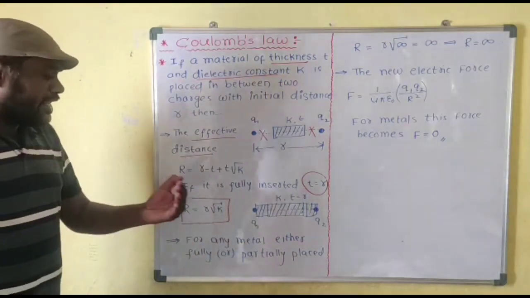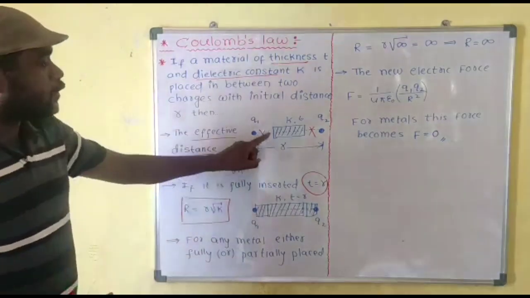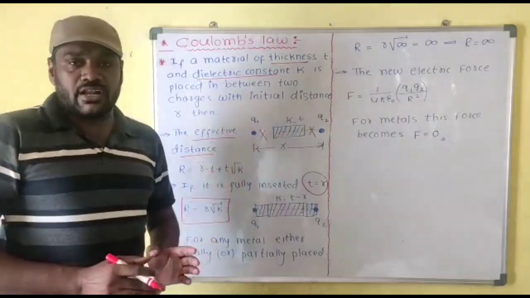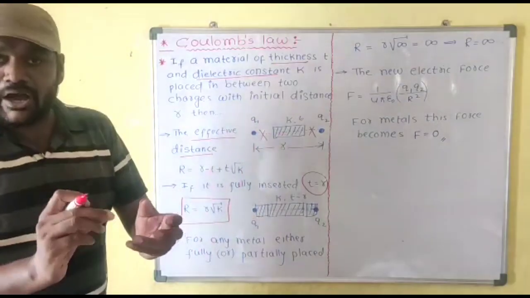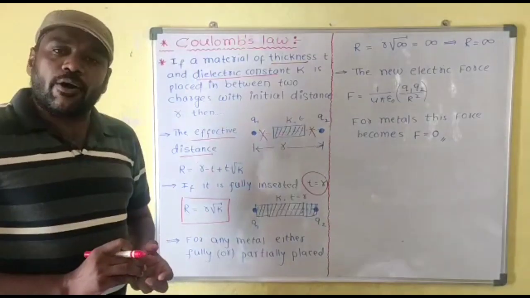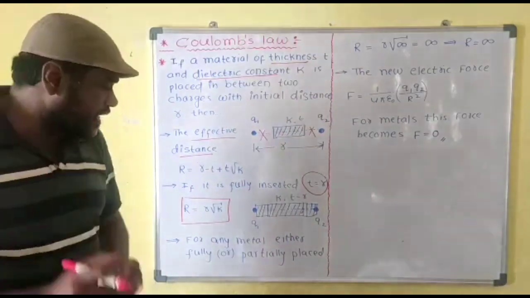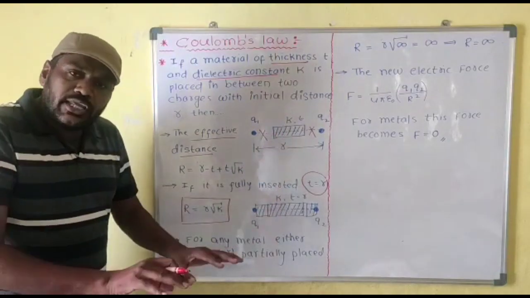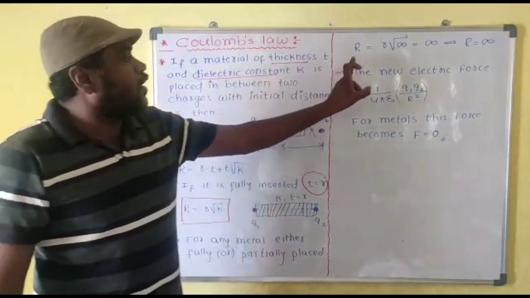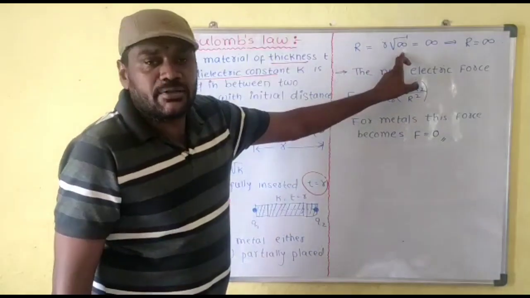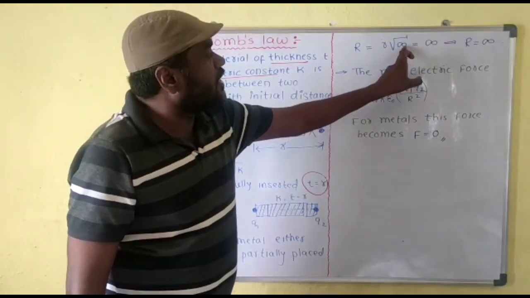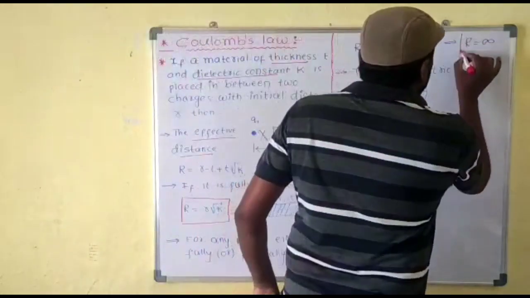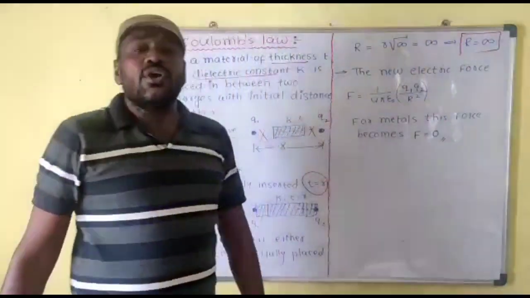This I told you is for a dielectric material. But in place of the dielectric material, if you place any metal or conductor, it may be copper, zinc or aluminum, etc., then whether it is partially placed or fully placed, in these two cases R' is equal to R into root of infinity, and infinity into anything is infinity. So the effective distance between them is always equal to infinity.